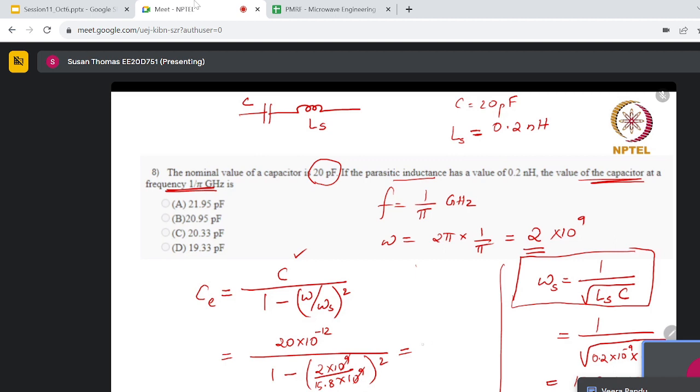Yes, thank you all for responding. So the right answer is 20.32 picofarad, which is close to option C.